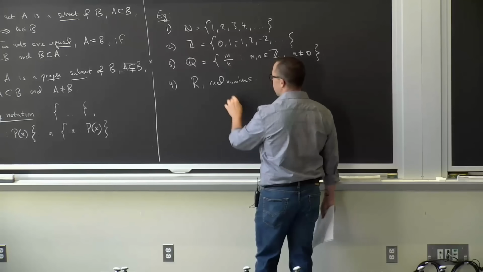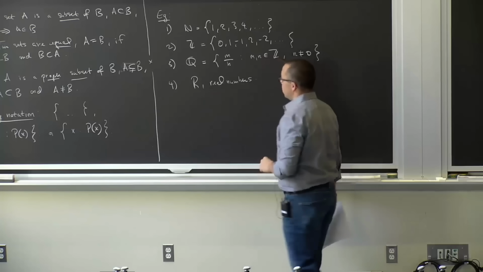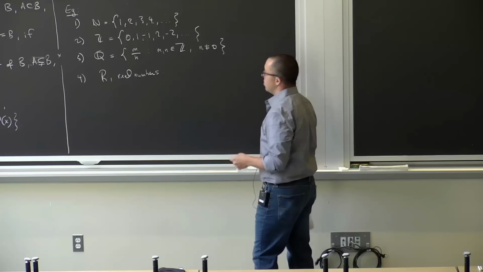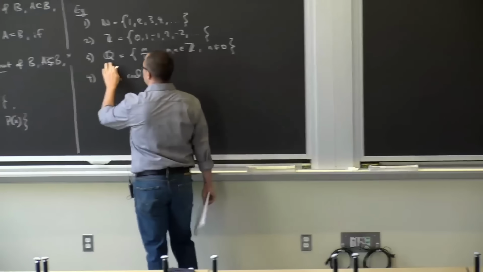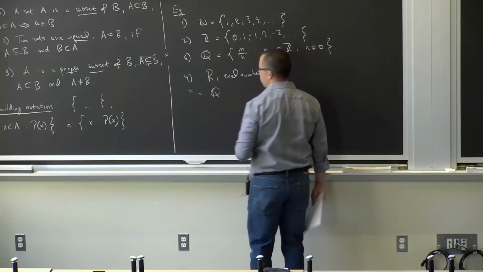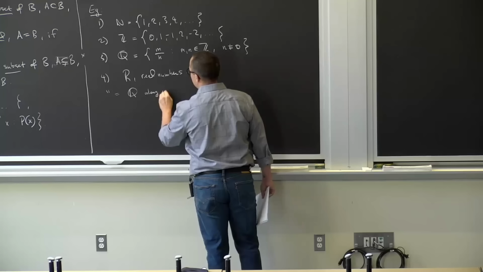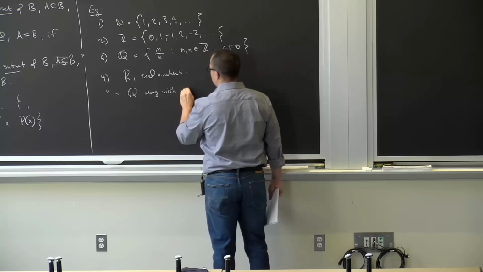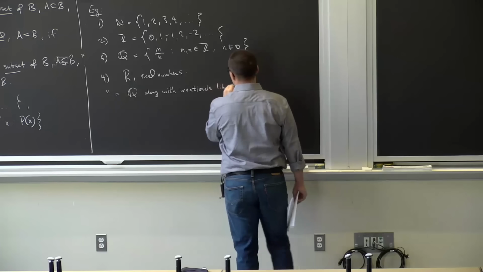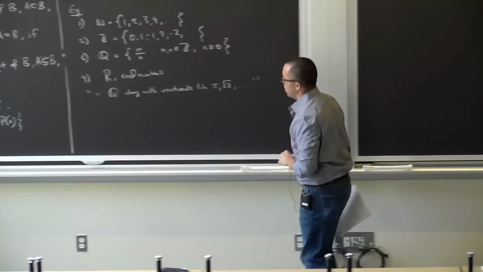In fact, this will be our first goal of the course, to give a proper description or definition of what R actually is. But you can think of this, as you did in calculus, as Q along with the rationals and irrationals, like pi, square root of 2, and these things. So this is fine to think about for now.